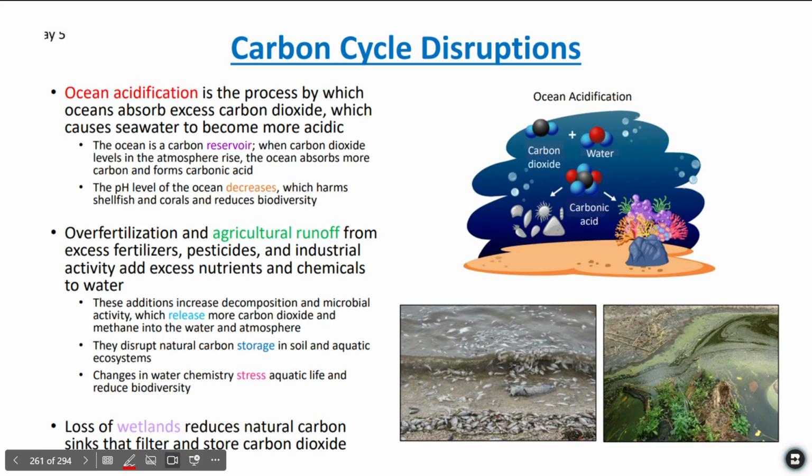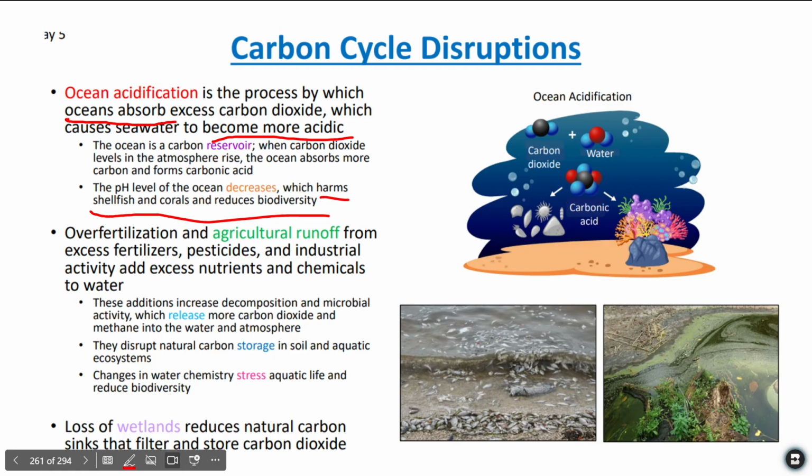Now, when we add too much carbon to the ecosystem, we can even get things like ocean acidification, which is where the oceans absorb carbon, and this causes the oceans to become more acidic. This will kill and harm the life in the ocean.